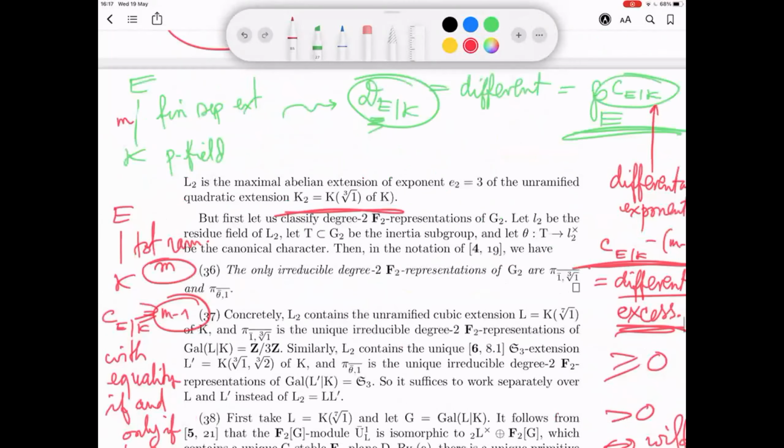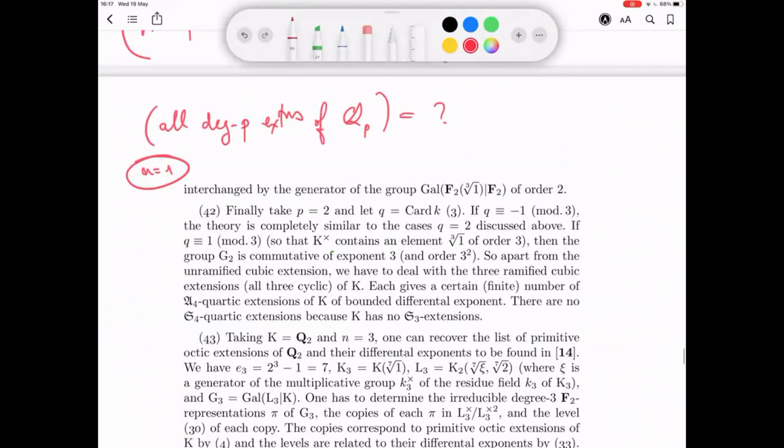But yes, I think those of you who have followed this course and who want to understand what has been done should try to parameterize the set of all degree P extensions of QP.